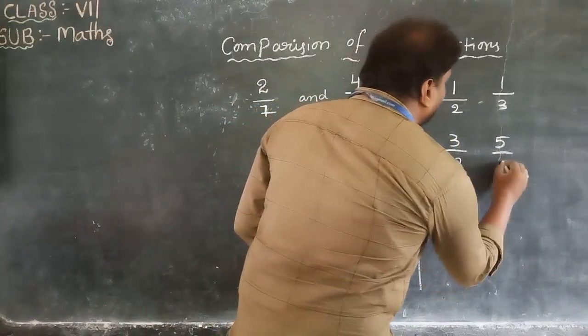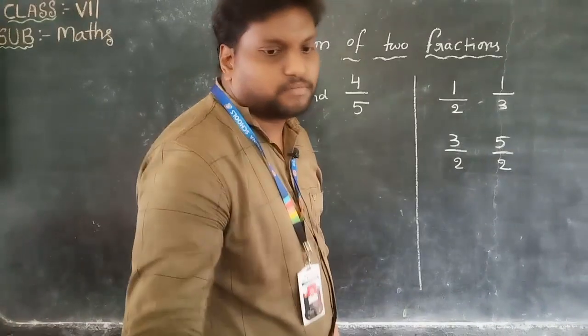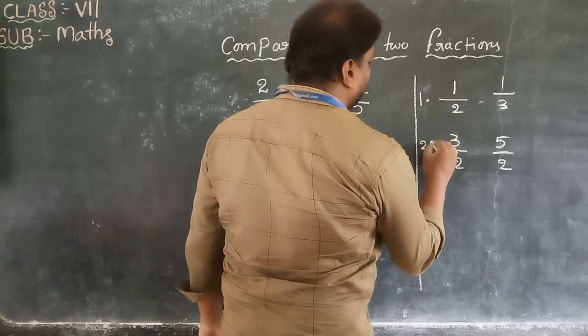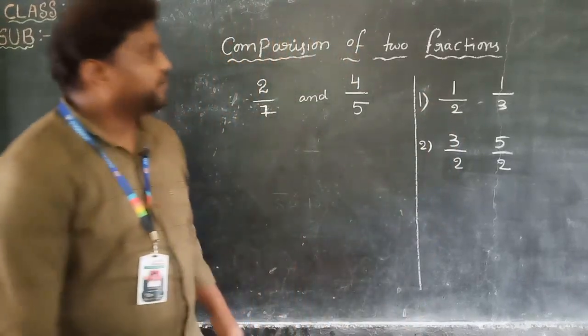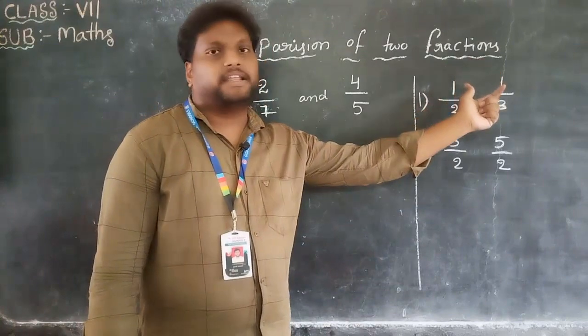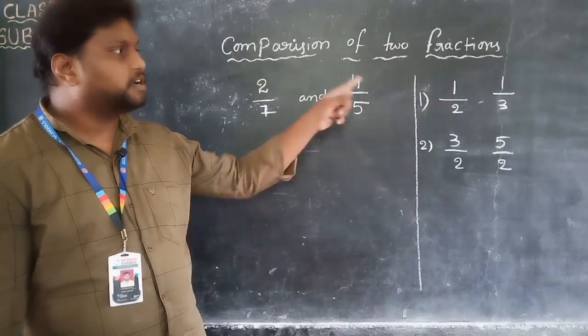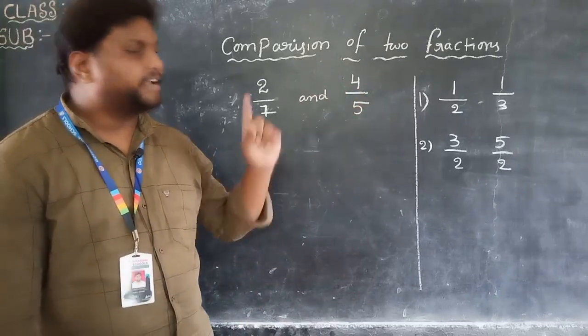Small numbers only I will take. Now observe. This is the first example. This is the second example. In the first example, numerators are equal. In the second example, denominators are equal.